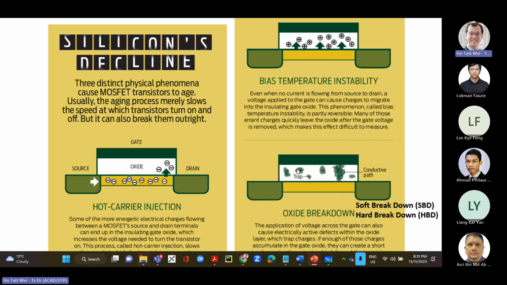Damage meaning that there's maybe missing electrons, missing holes or something like that in here. Actually, there are no holes, that is a dielectric, but there are defects here that allow charge to be trapped.